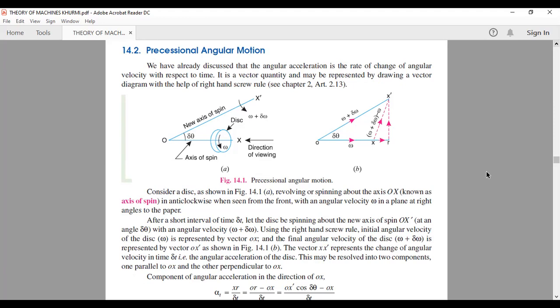You can see it in the picture also. Delta theta is the angle. We are considering here a disc revolving or spinning about the axis OX. OX is the axis known as the axis of spin, which moves in the anti-clockwise direction seen from the front, with an angular velocity omega.